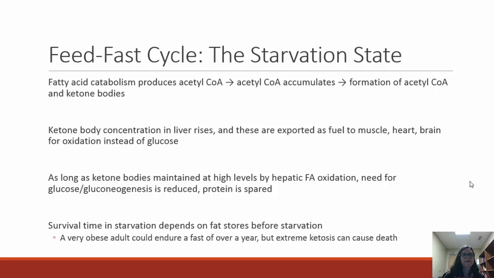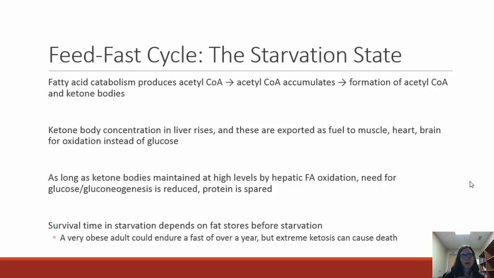Okay, so this is a review from our last section on lipids, but it's very pertinent to our conversation now. As we talked about in our discussion on ketogenesis, fatty acid catabolism produces acetyl-CoA, and if we don't have the precursors, which is oxaloacetate, for the TCA cycle to continue, then acetyl-CoA continues to accumulate and be converted into ketone bodies.